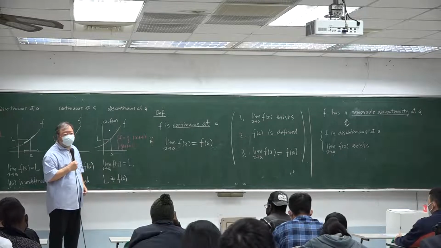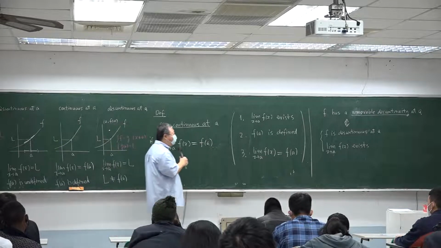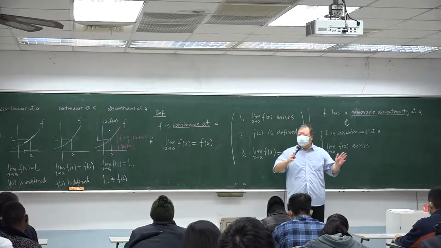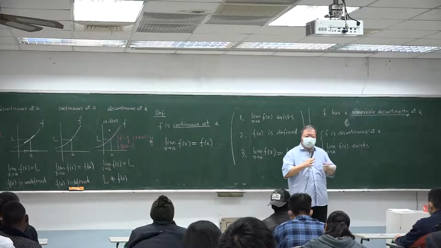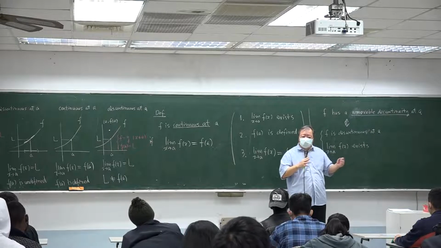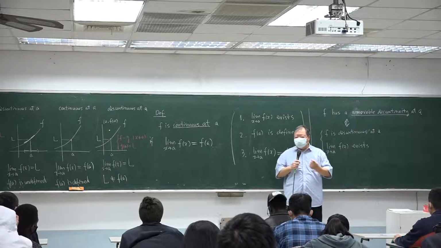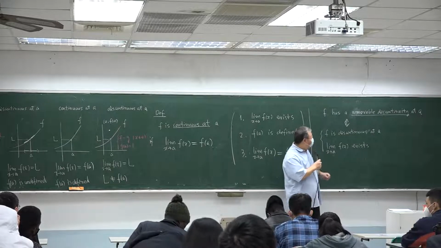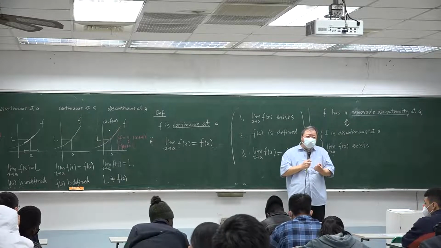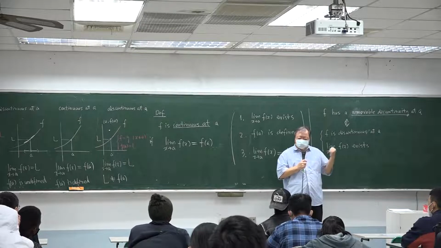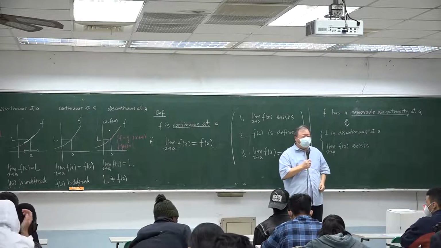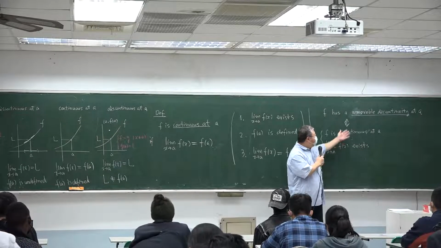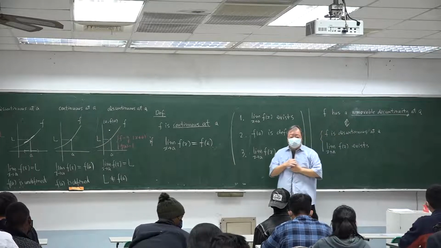So removable means we can keep almost all behavior of f fixed as before. We don't change anything else, just change f at A to make it continuous. This kind of discontinuity is called removable discontinuity.